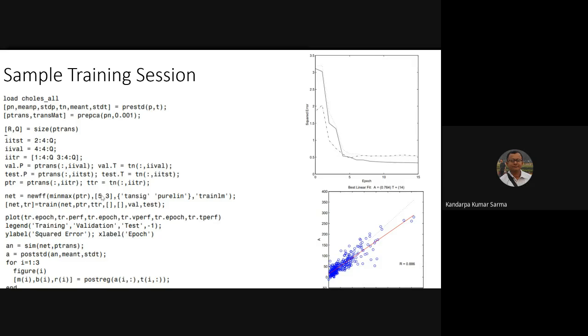The 5 neurons in the middle layer will be of the tan sigmoidal type, while the 3 neurons in the output layer will be of the purelin type. And since I have said beforehand that train LM is one of the popular means of training, here it is used for doing the training.